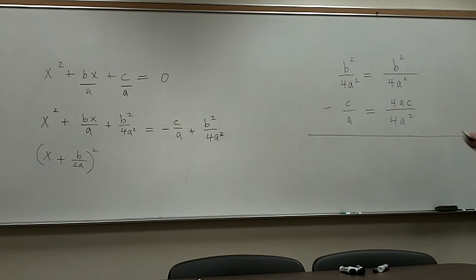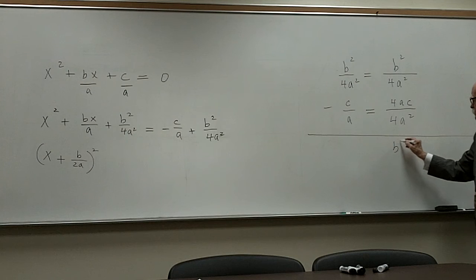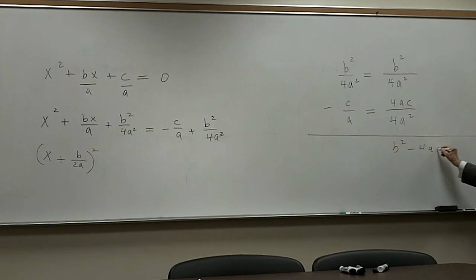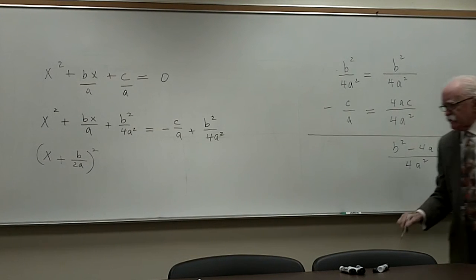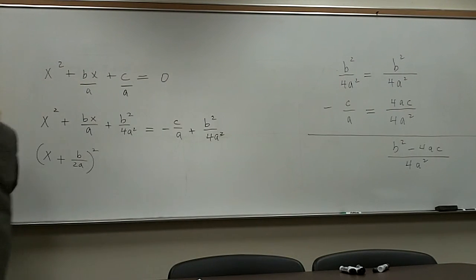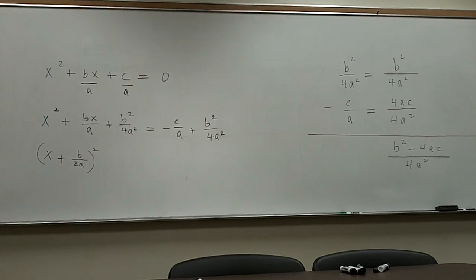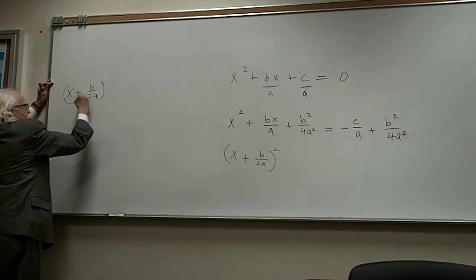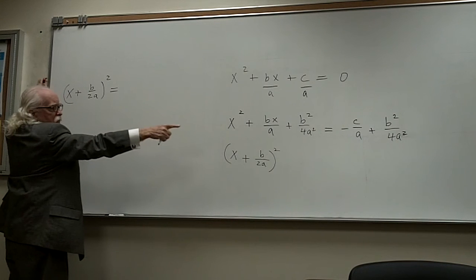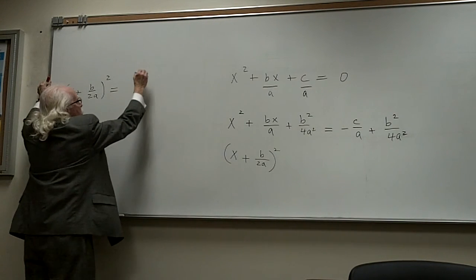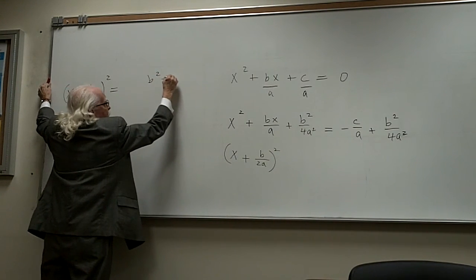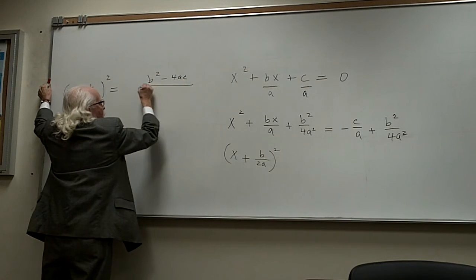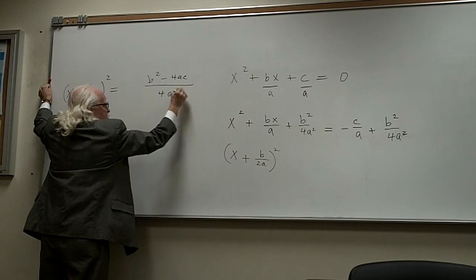And you can now subtract them because they have common denominators. It is now B squared minus 4AC all divided by 4A squared. That is the answer. So far we now have x plus B over 2A squared equals B squared minus 4AC all over 4A squared.